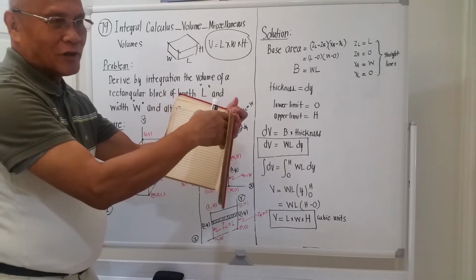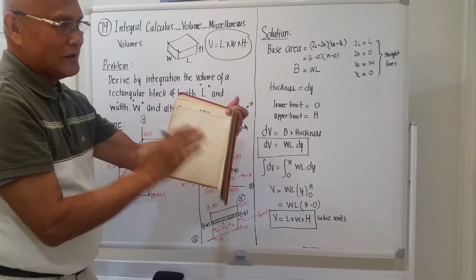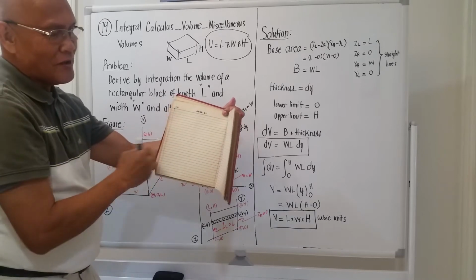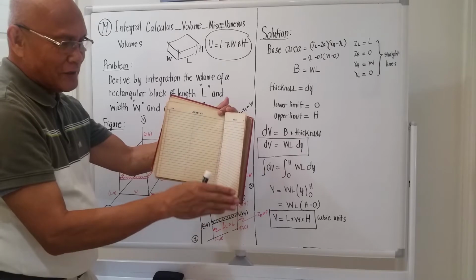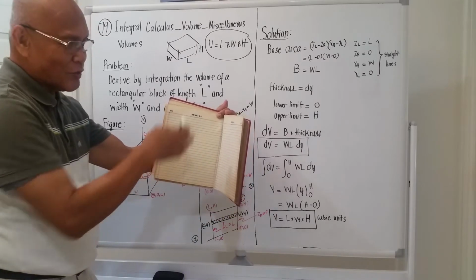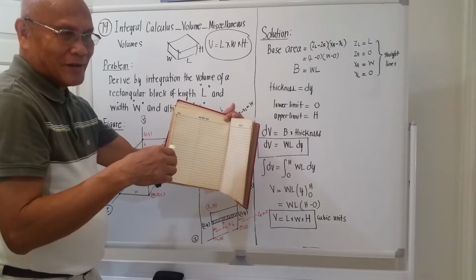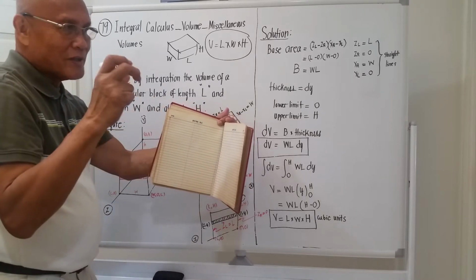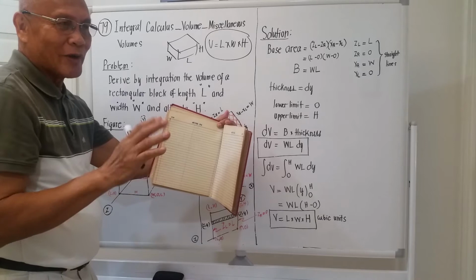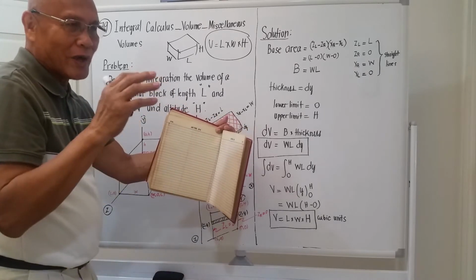The first wall is the XY plane, the next wall is the YZ plane, and the floor section is the XZ plane. So actually we are now in space. We are now considering figures to be solids, so we are not only considering planes, we are now in space.